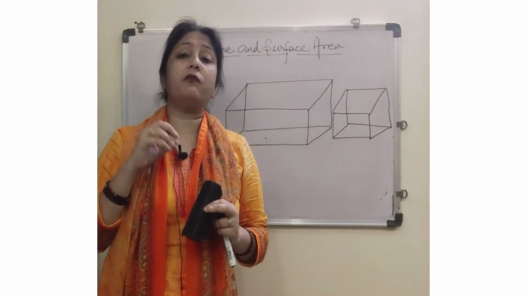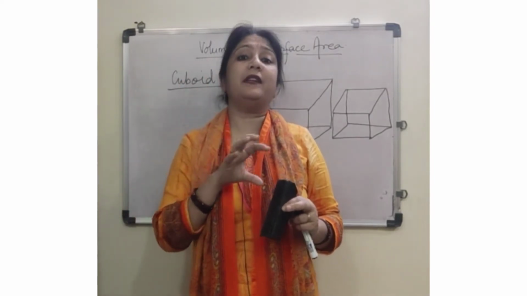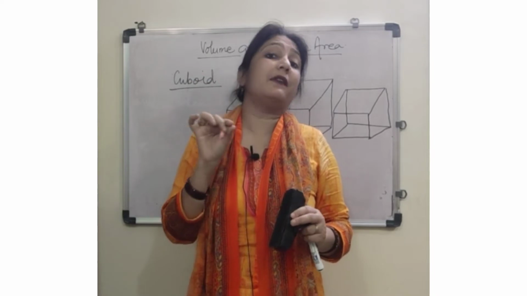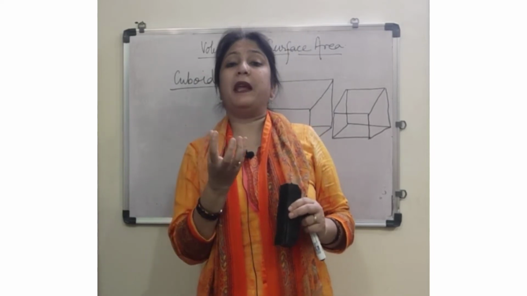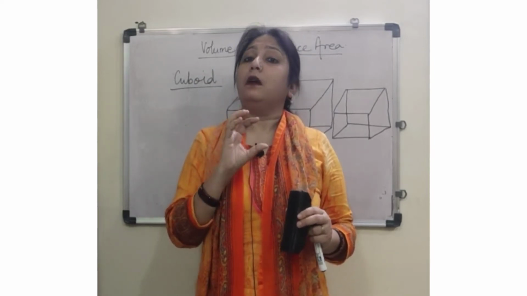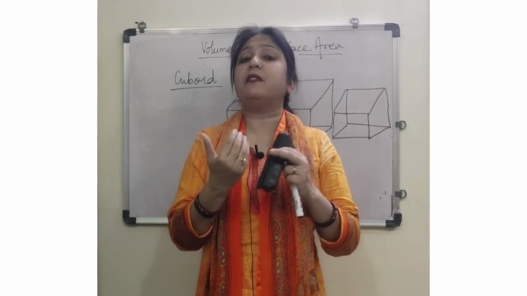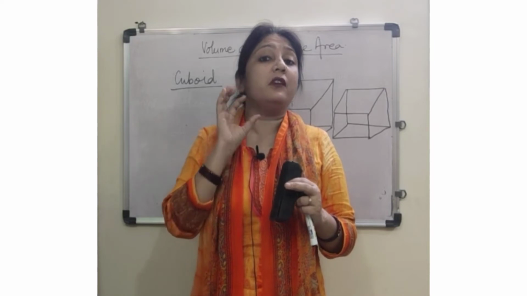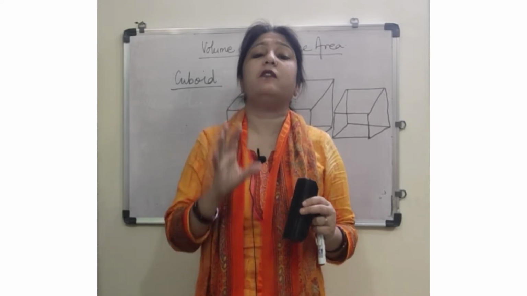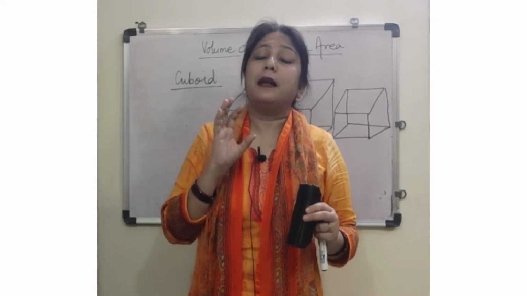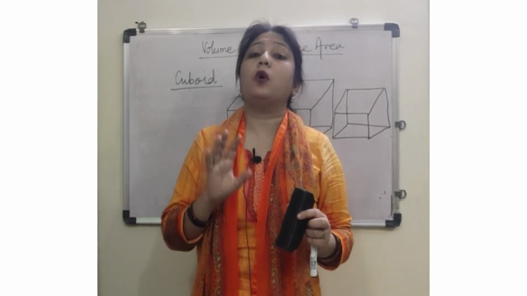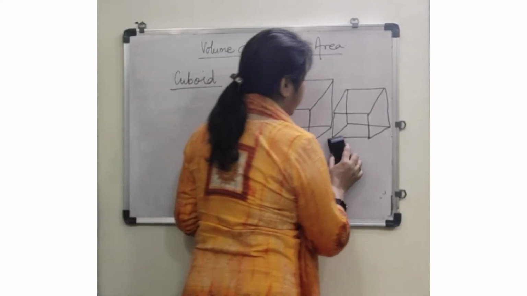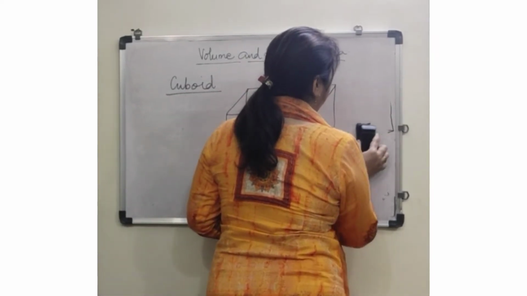You just find out from there that all the edges are the same, the number of small cubes are the same. So that makes the face. How many faces are there? 6 faces. Each face is square in shape just because length, breadth and height are all the same in cube.